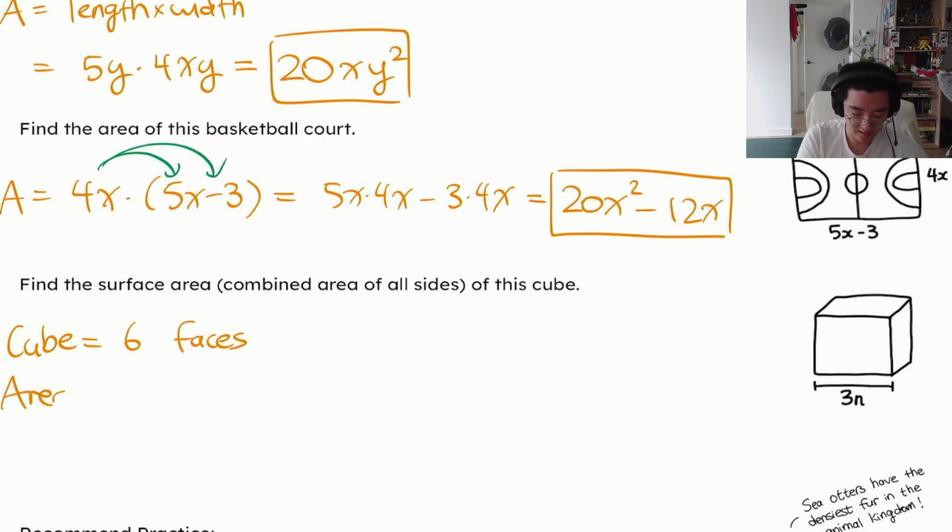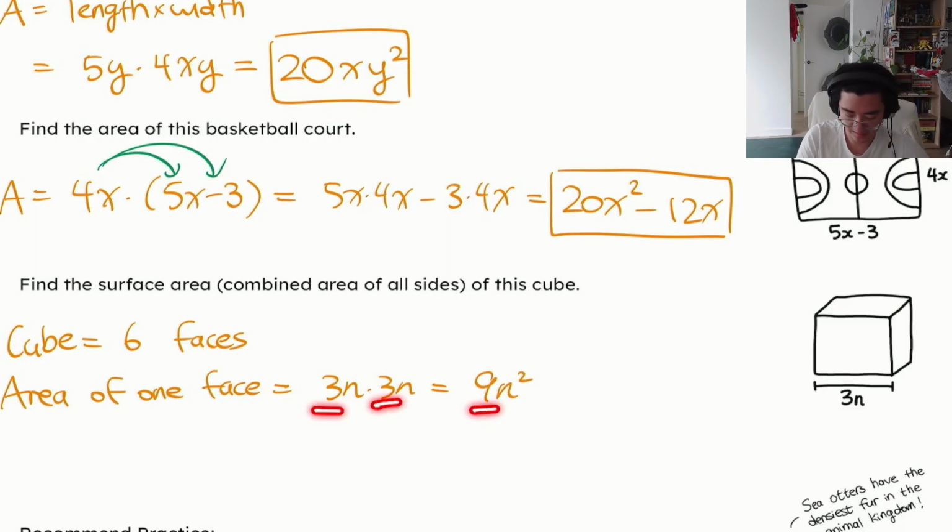And we know that the area of one face, let's say the front face, is just 3n times 3n. That's our area. 3n times 3n becomes 9n squared. 3 times 3 is 9, n times n is n squared.